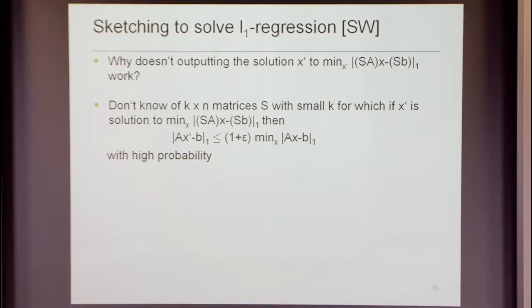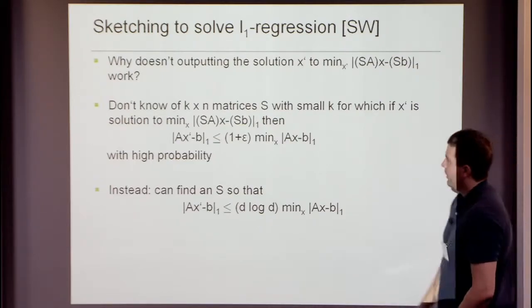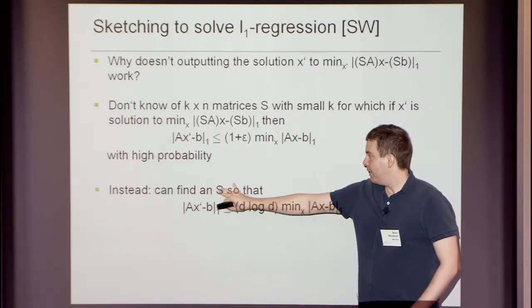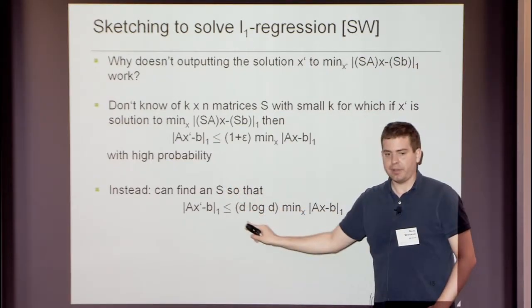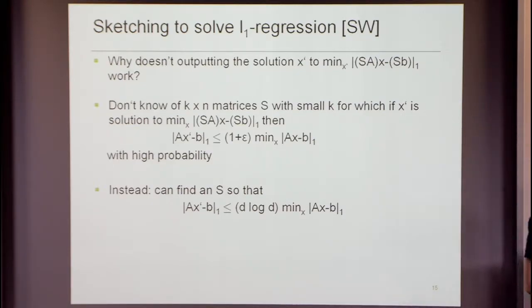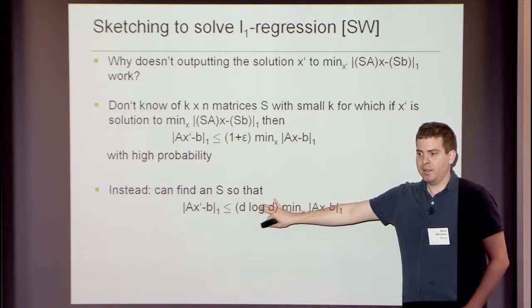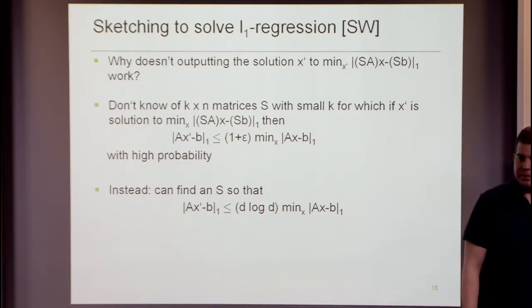This is just the issue. One thing we do know, though, is that we can find an S such that we get a weaker guarantee, that the one norm of Ax prime minus b is at most d log d times the optimal cost. So at least it's independent of n, but it's not 1 plus epsilon.